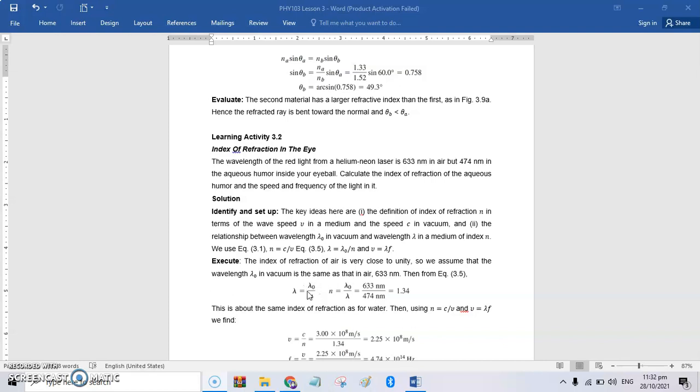So this is the wavelength in vacuum, 633. So the wavelength in the air is 633 since the index of refraction is 1. So let's proceed.